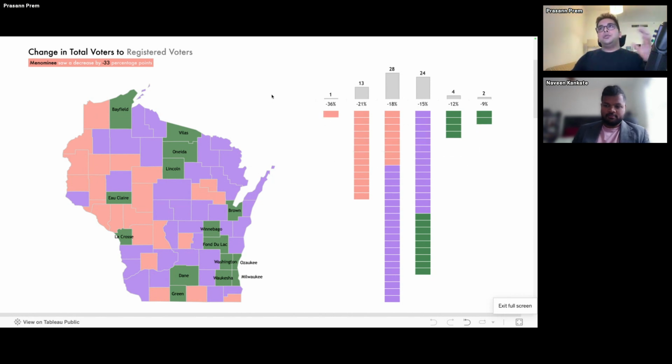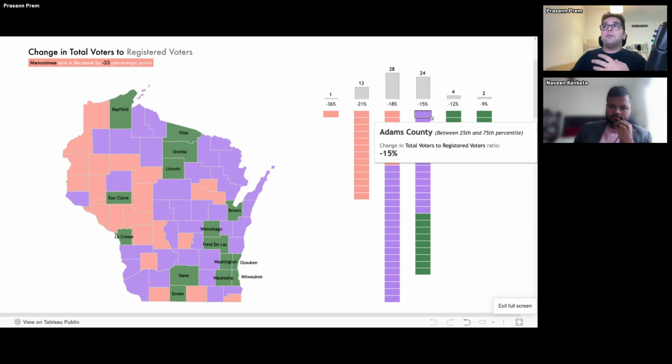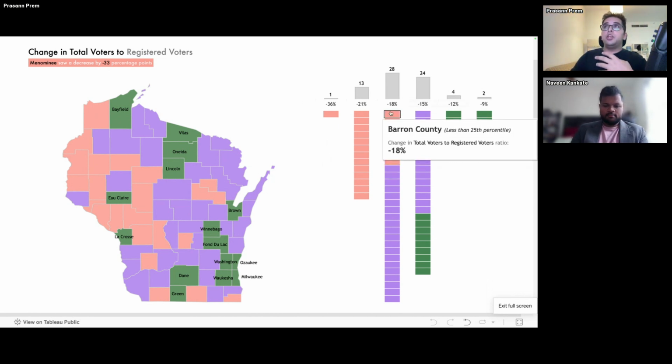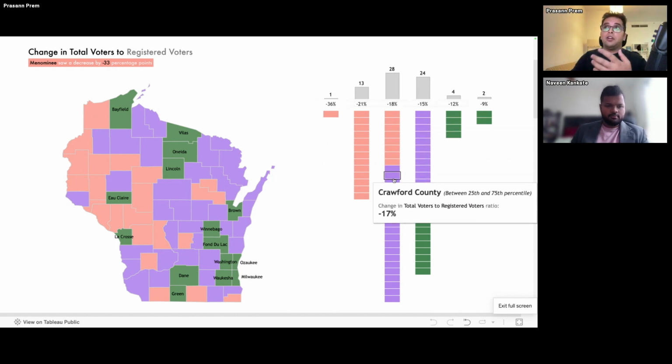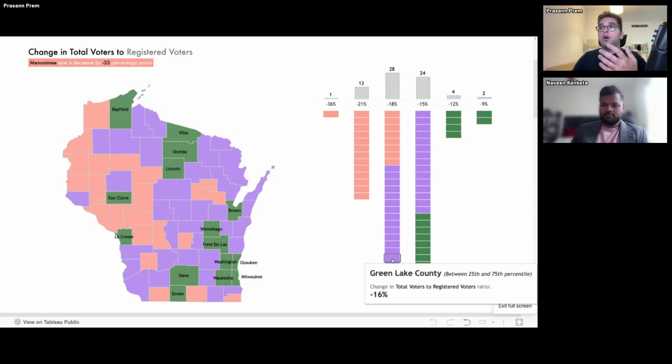Using this, we can take a look at the whole perspective of which counties are doing better and where they lie, because it's remarkable to see that so many of them are in the minus 21 to minus 18 percentage point range. And we can also look at each of them, who they are.